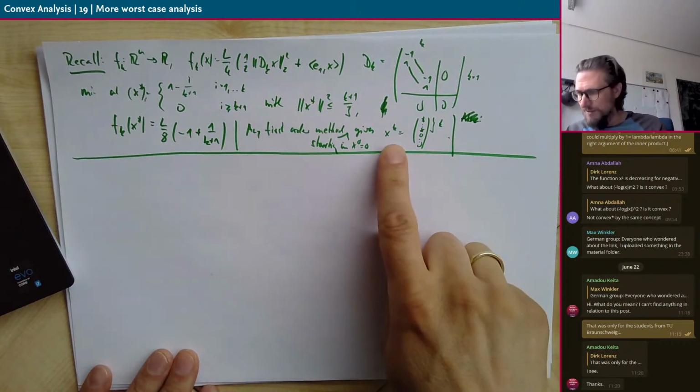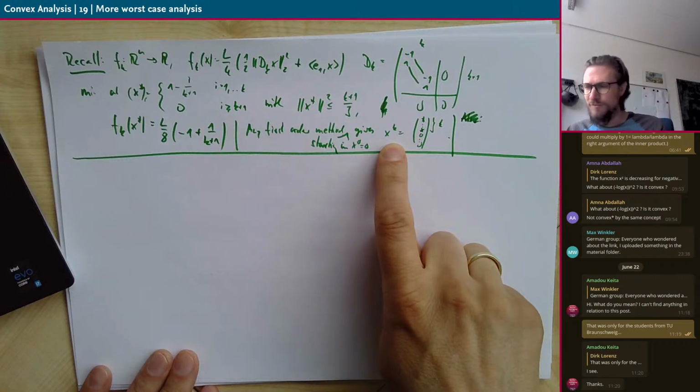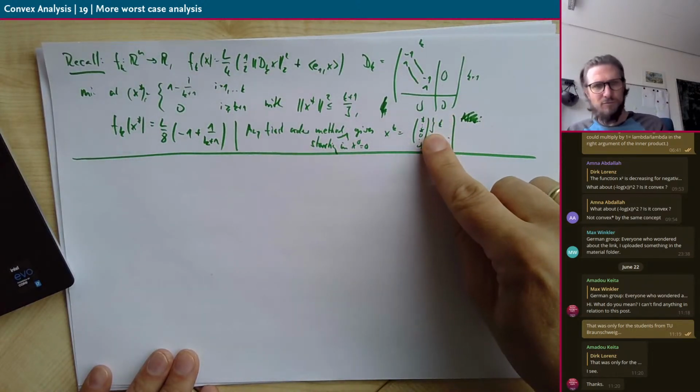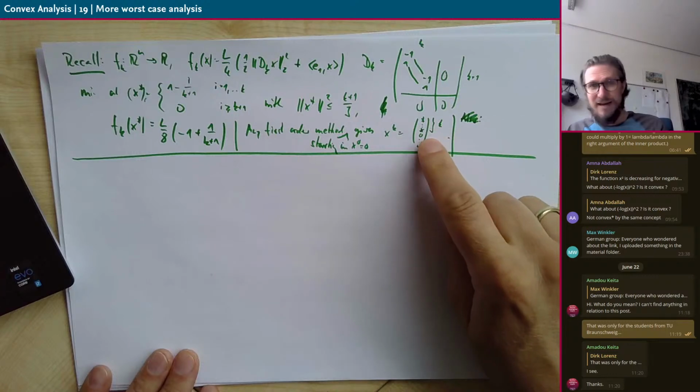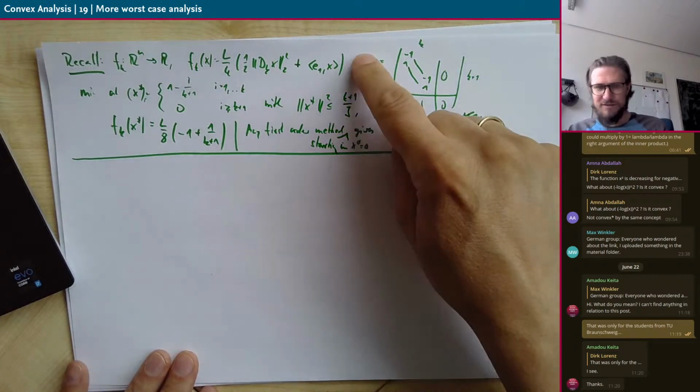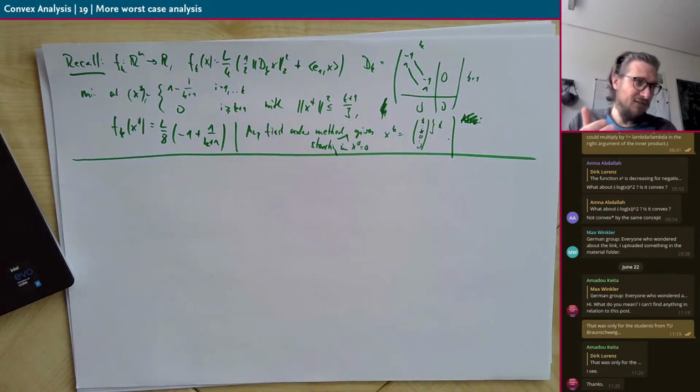So you know that the kth iterate of any first order method has something in the first k coordinates, but the last n minus k are still 0. And this is what we're going to use to show that this is actually a really bad function.